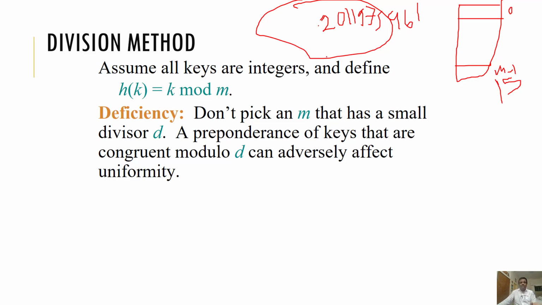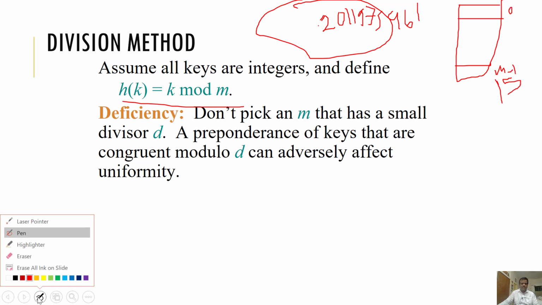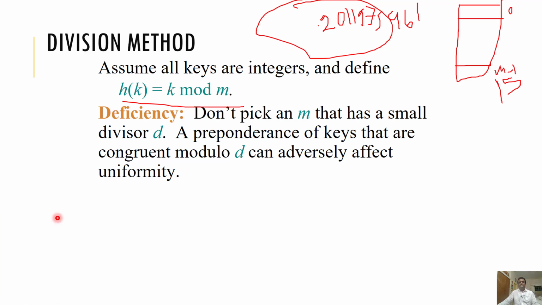How do we do that? The mod operation. We take a key and compute mod m, which gives the remainder from 0 to m minus 1. This is called the division method.